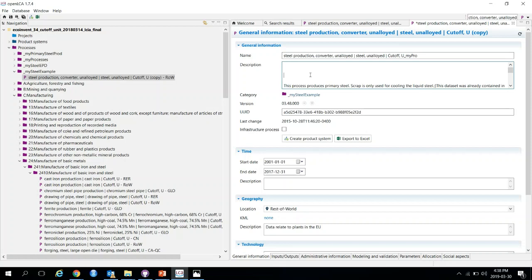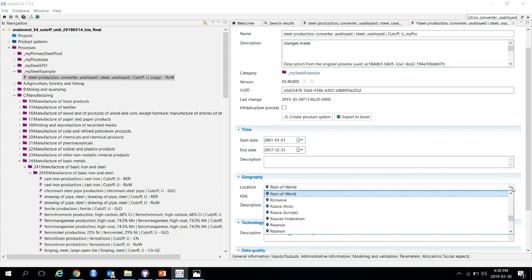So you can say in the description, from the original process, UUID, right? And then we can add any changes we've made here based on what the client tells us.